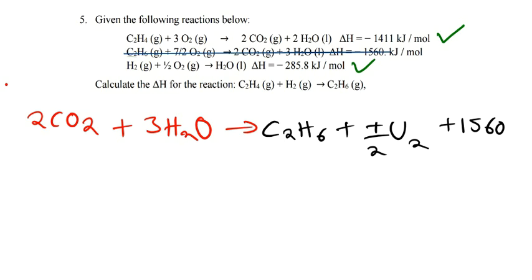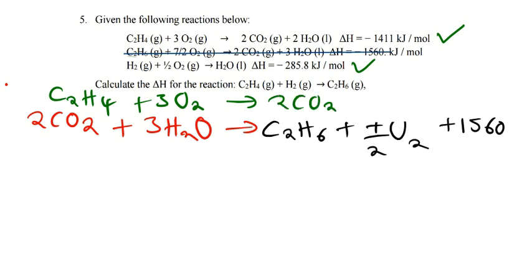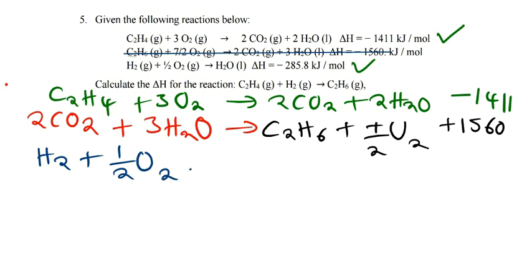So I've got C2H4 for the first one plus 3 oxygen moles plus 2 carbon dioxide plus 2 water molecules. The enthalpy is negative 1411. Now for the third one, we've got hydrogen, we've got half oxygen, we've got water. The enthalpy is negative 285.8.